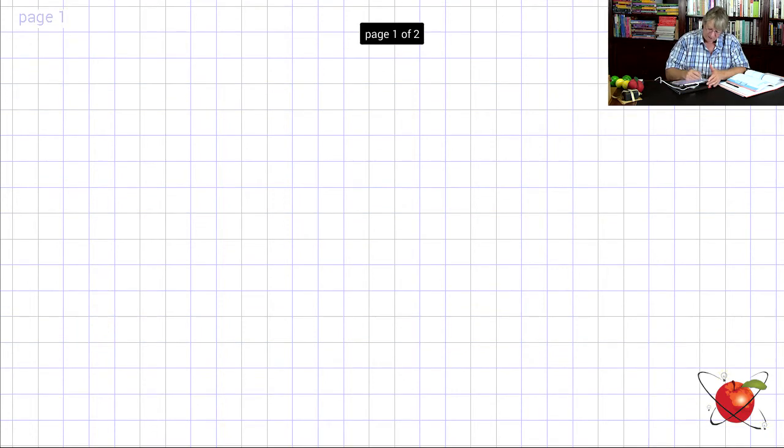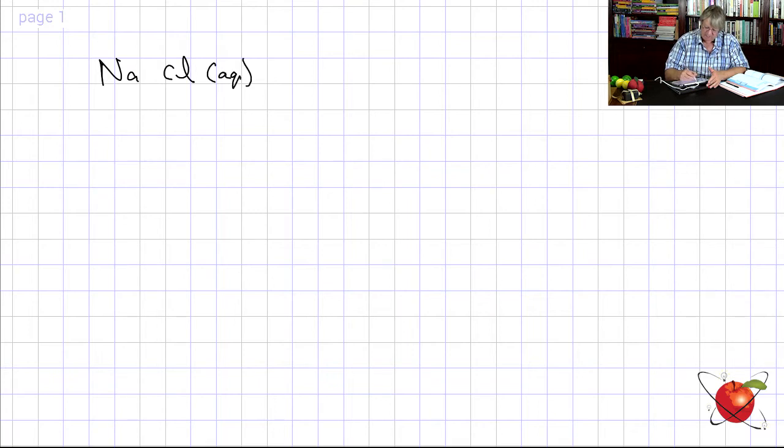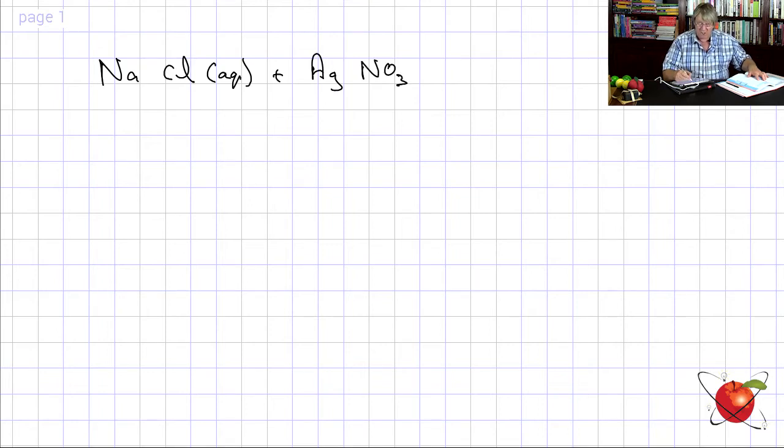We put together sodium chloride, and it's aqueous, and we add to it, let us say, silver nitrate, AgNO3. Nitrate, now hang on, we've got to check, is that correct?